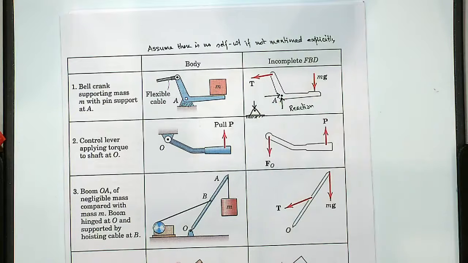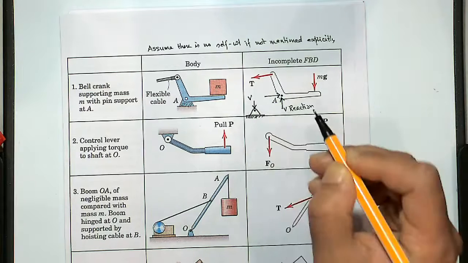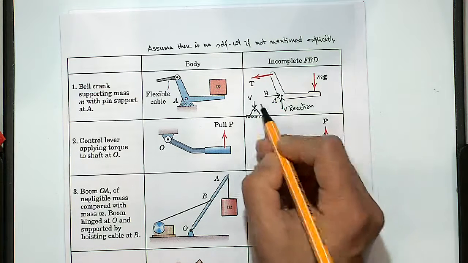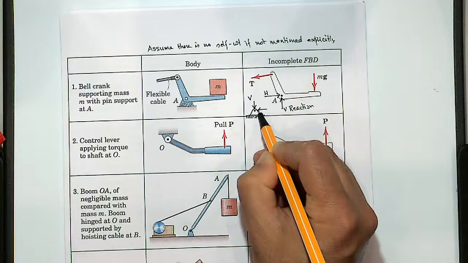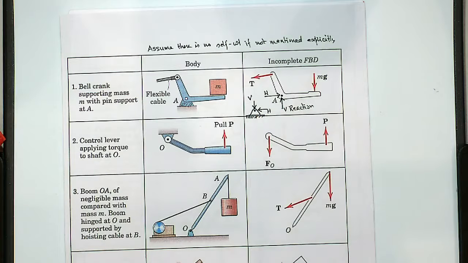If this is the vertical force, that would be V, and if this is the horizontal force, it would come like this. So these are equal and opposite to act on the pin.